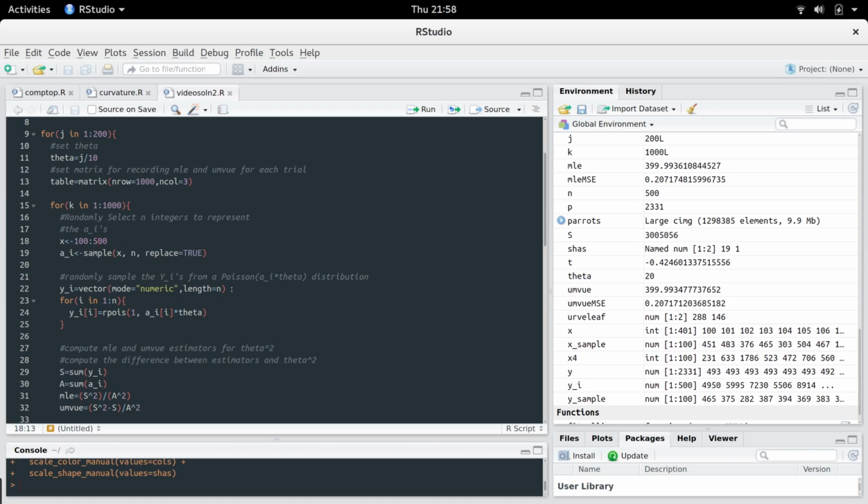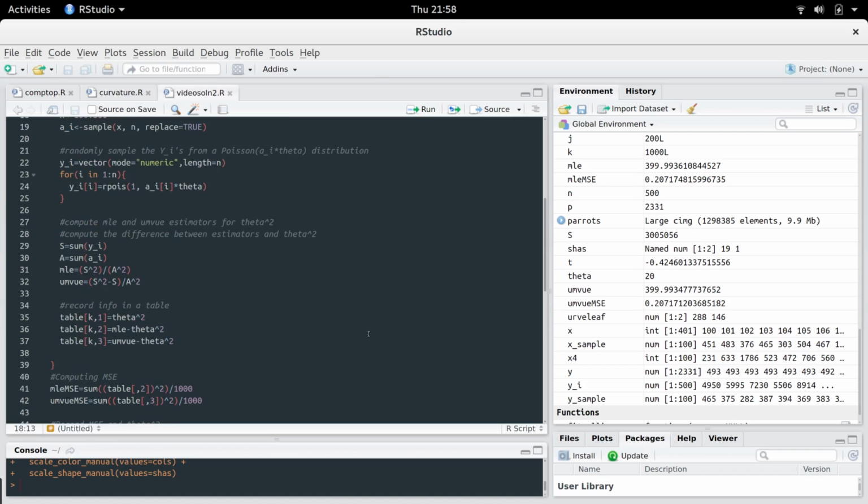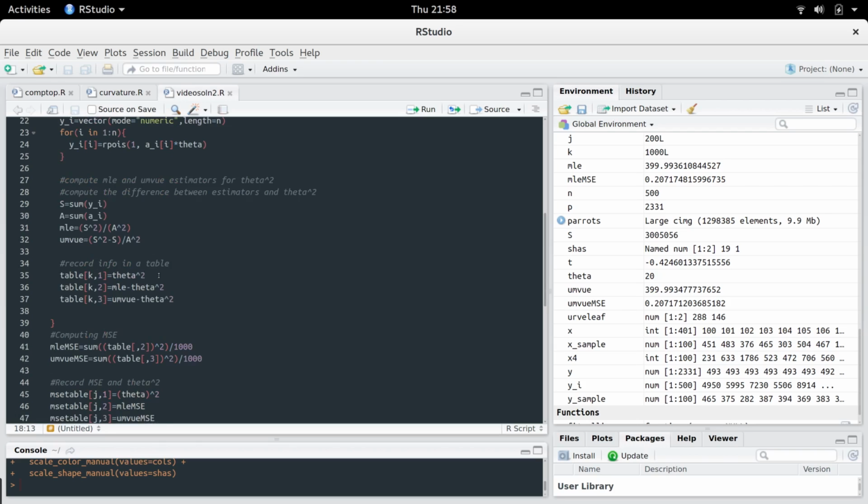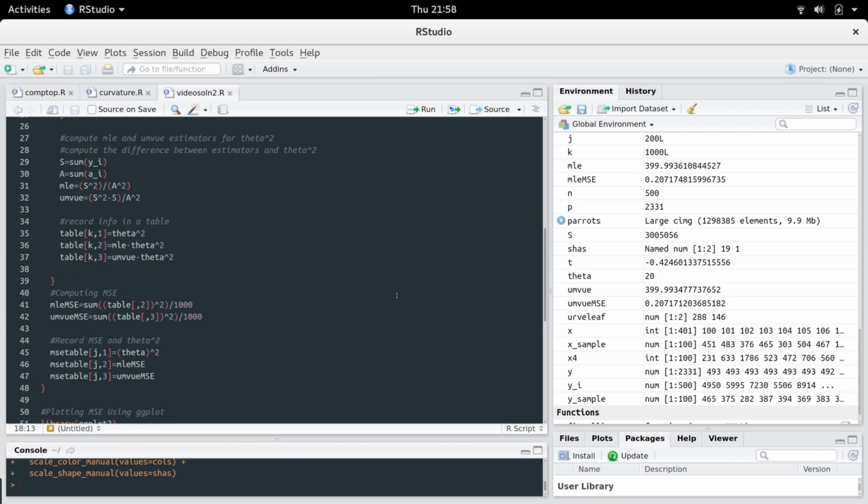And then she randomly sampled the Y_i's from a Poisson(A_i times theta) distribution, which is right here. And then she computed the MLE and UMVUE estimators for theta squared using the formulas she found earlier. And then she decided to compute the mean squared error for each estimator, since she knew that mean squared error is a common technique used to compare estimators.